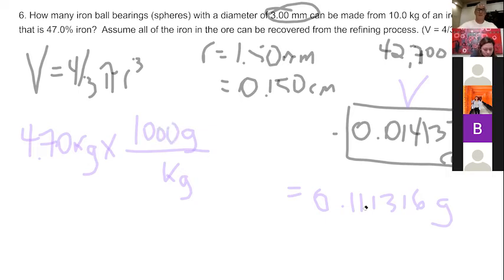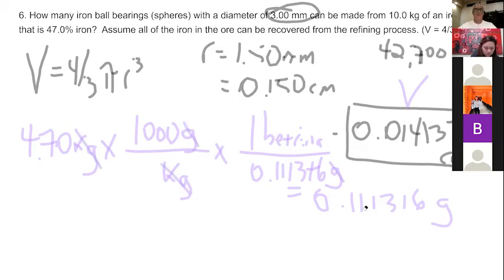And the other conversion we're going to do is ball bearings to grams, because that's what we want. One bearing is 0.111316 grams. So I get rid of my kilograms, I get rid of my grams, and what am I left with?